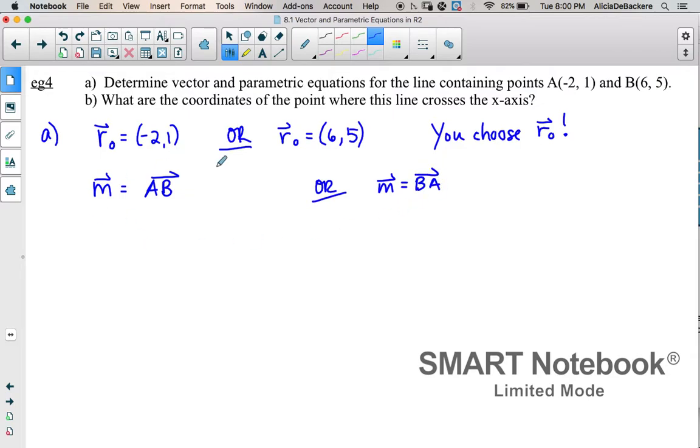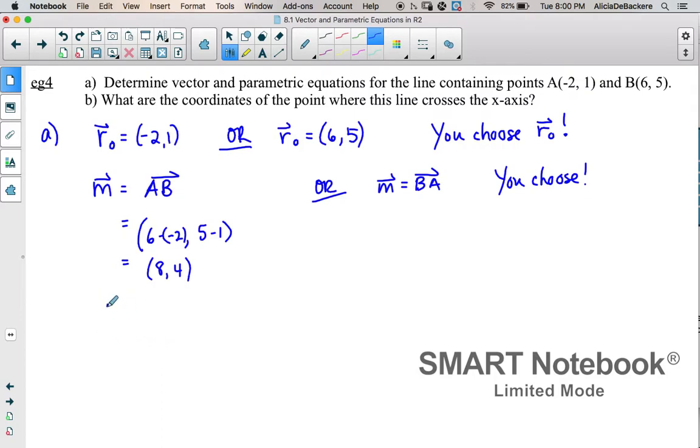They might do it in the opposite order. It does not matter. So again, that one's you choose. So this time I'm doing the B values minus the A values. So I've got 6 minus negative 2, and I've got 5 minus 1. And so I end up with 8, 4. Okay, but again, somebody else might have a different direction vector. That's okay. There's more than one vector equation for a line.